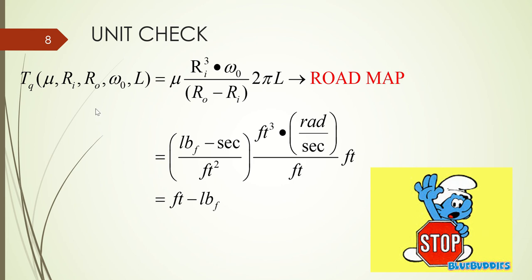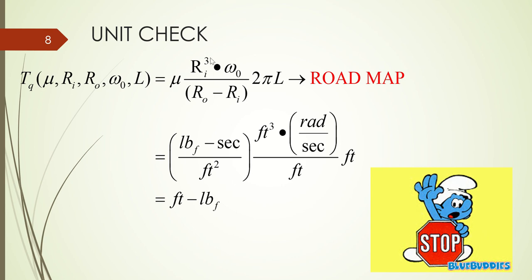I have my parametric equation in terms of torque, which has parameters of viscosity, R_i, R_0, omega naught, and L. And so this is our roadmap equation. If I look at my units here, mu has units of foot-pounds force second per foot squared.